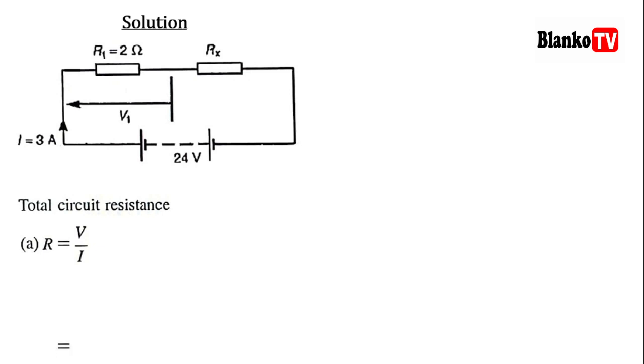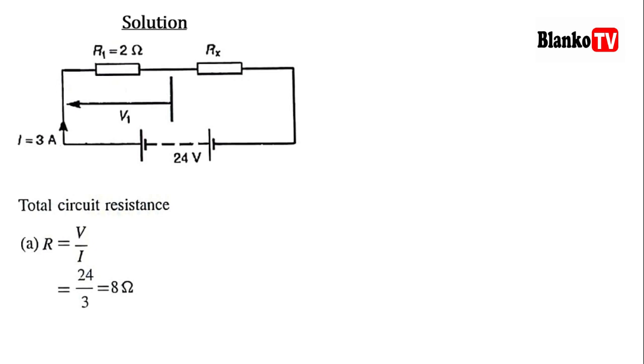So our V is 24 divided by our I, which is 3. So when you divide 24 by 3, we'll be getting what? 8 ohms. So the total resistance of the circuit is 8 ohms.